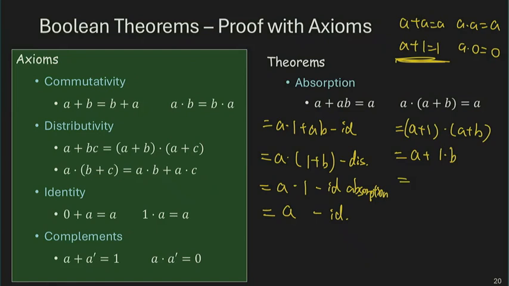A dot (A plus B)... oh, it should be A plus 0, sorry. So apply distributivity: A plus 0 dot B, which gives you A plus 0, which gives you A. Again, with the same sequence of axioms. By using the other axiom, you can make that proof as well.